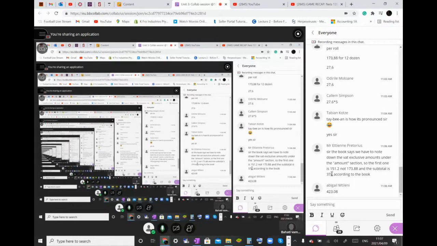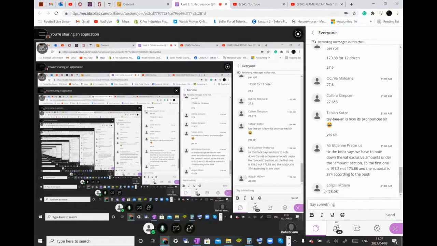The subtotal is according to the book. Complete the invoice in the workbook.